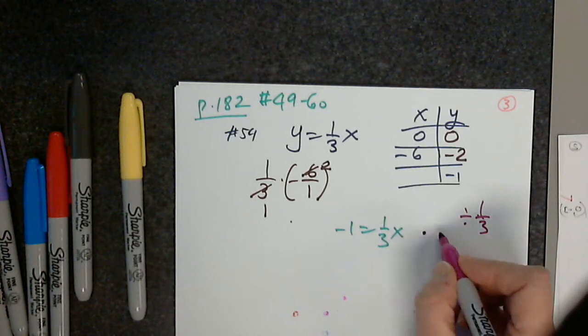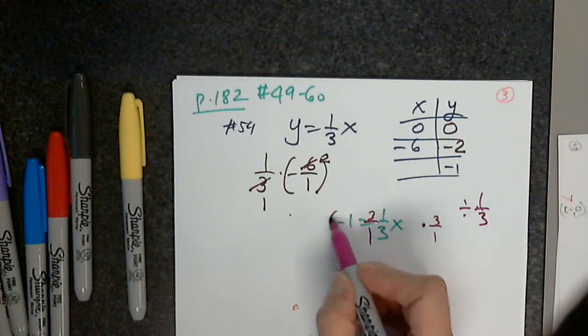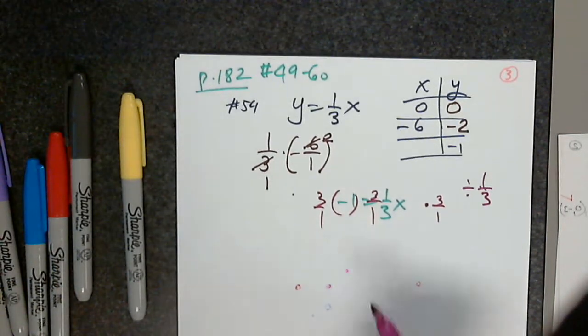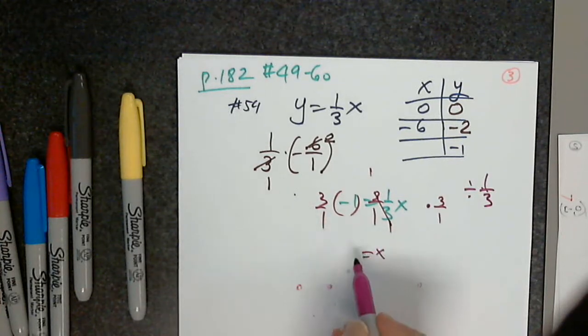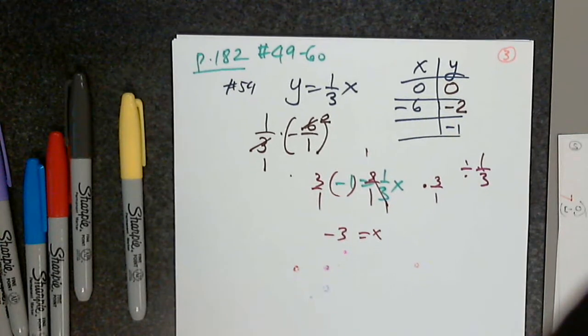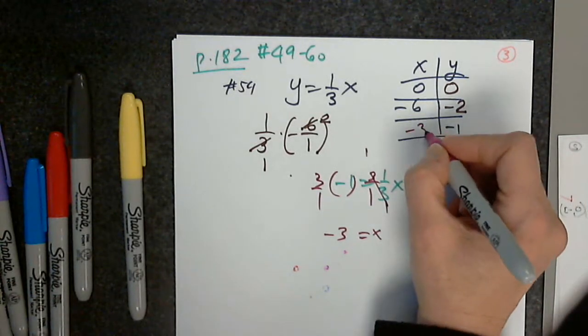I would rather say multiply by 3/1. So multiply both sides by 3/1. This is obviously what I want, which is 1. And the left-hand side is -3. I will always, of course, write it as x equals -3.